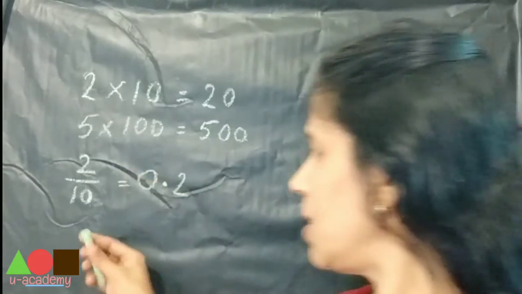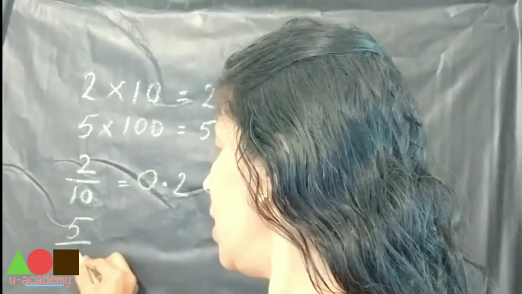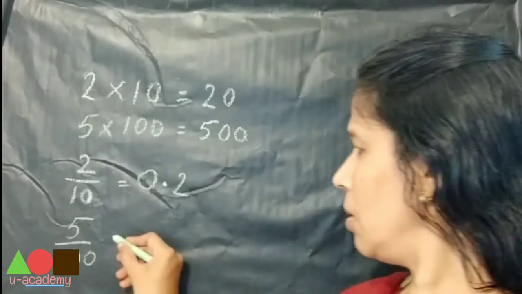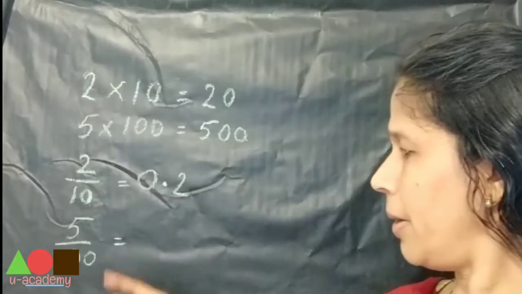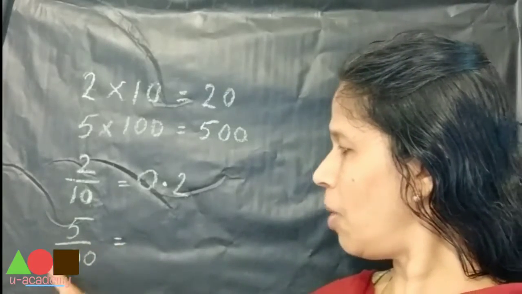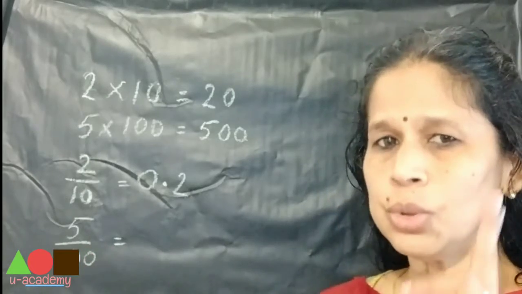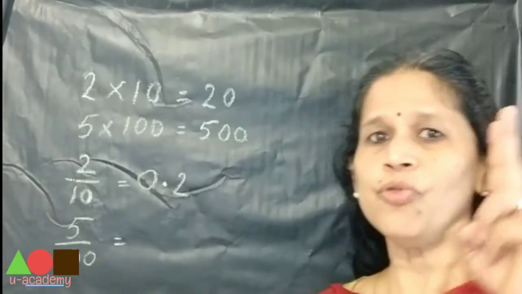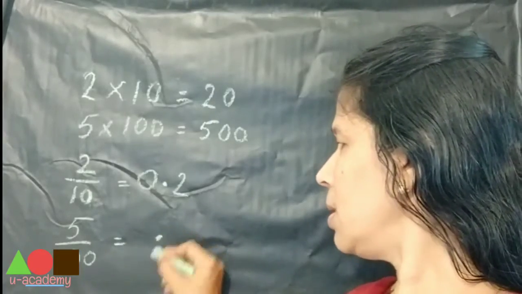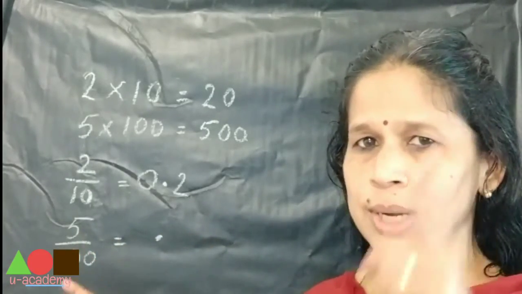Understand? Suppose the same one, 5 by 100. See the denominator, how many zeros are there? 2 zeros. That means there are 2 fractional digits. So we put the point, and see the numerator, there is only one number.